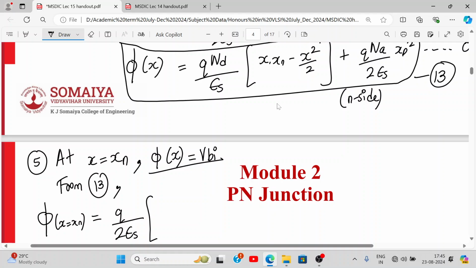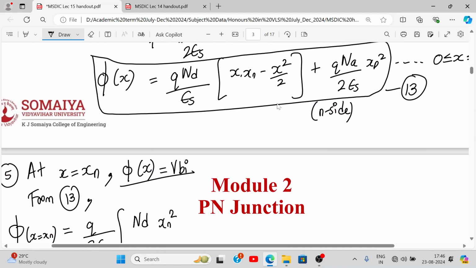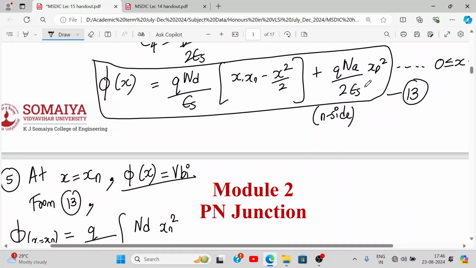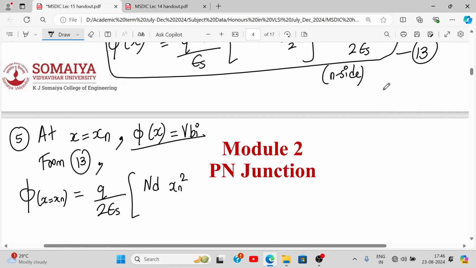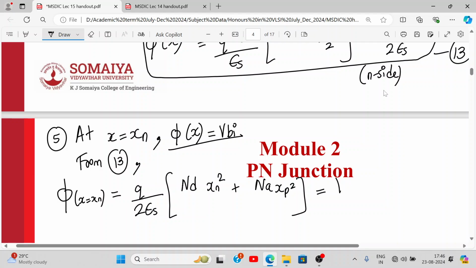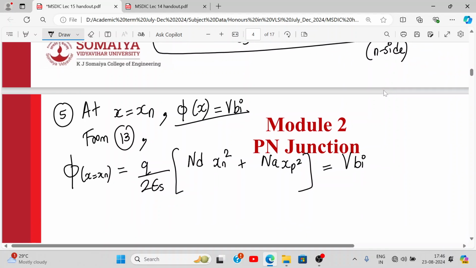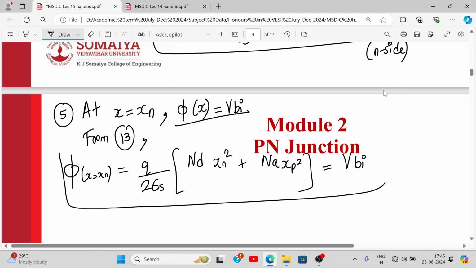Inside will be Nd xn square. For the second term, q upon 2 epsilon s is out, and inside we have Na xp square, because here xp will remain as it is. So we get Nd xn square plus Na xp square, and we call this VBI. This we call equation number 14.